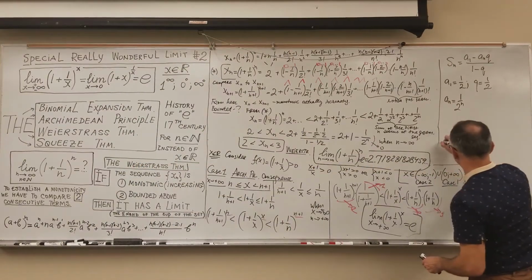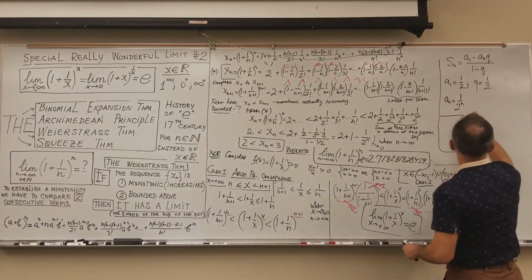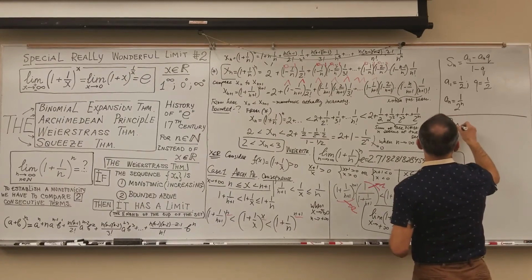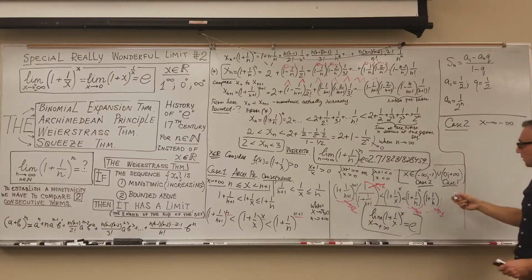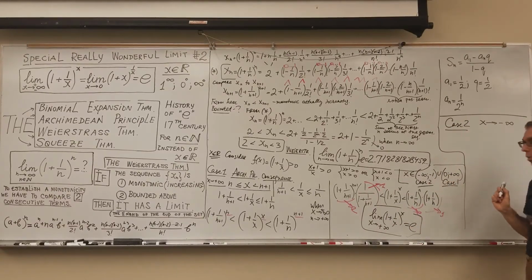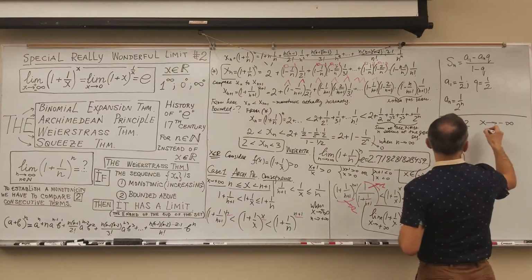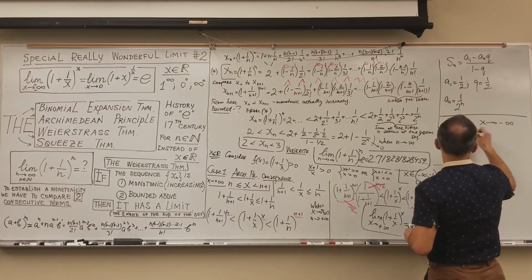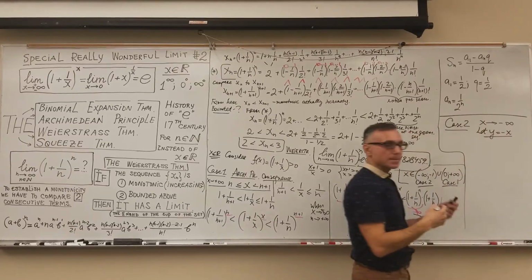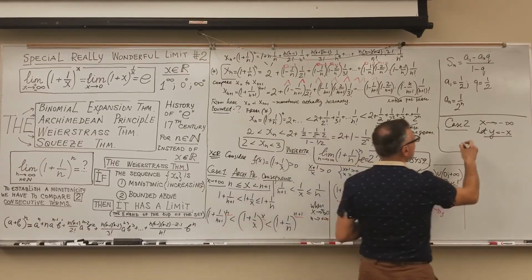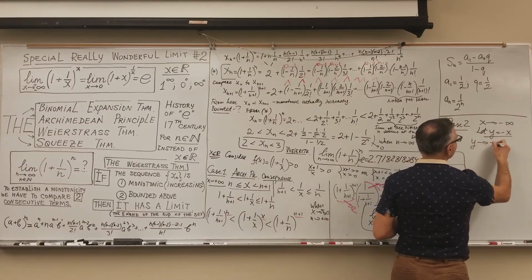Now, case number 2, let me write it down here. Case number 2, when x goes to minus infinity. That's this part of the domain. So in this case, I will introduce a new variable. Let y be equal to minus x. It's a conversion. So in this case, y goes to plus infinity.